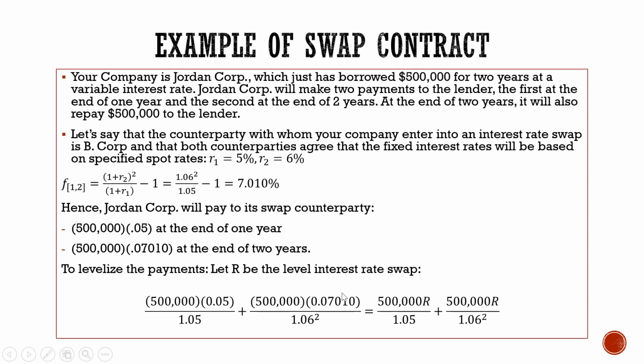And we want to levelize using only one fixed interest rate, that's called interest rate swap R. So 500,000 times R over 1.05 is the present value of the payment at the end of 1 year using interest rate swap R, and 500,000 R over 1.06 squared is the present value of the second payment at the end of 2 years using interest rate swap R. So from here we are going to solve for R. So R is the interest rate swap.